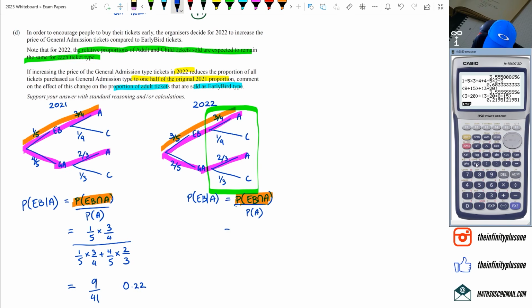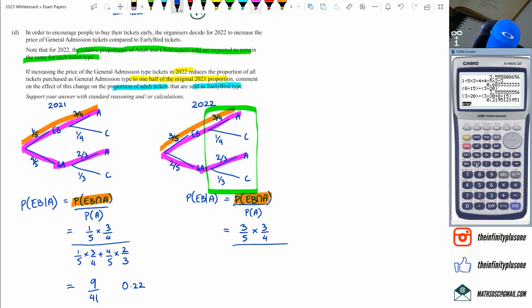I'm going to repeat the same step for 2022 now. The intersection of early bird and adult is going to be 3/5 times 3/4, divided by the probability of adult, which is that pink line. Sorry, I should have put that here. So the probability of adult now is 3/5 times 3/4 plus 2/5 times 2/3.